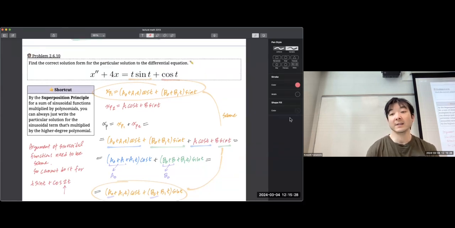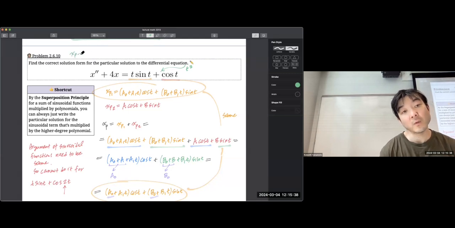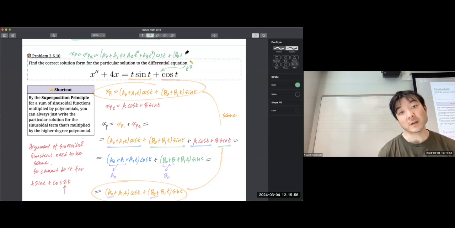Now, had you had, hypothetically, that this cosine term had a t cubed in front of it, then your particular solution, using this shortcut, would be just the second particular solution. And that second particular solution will be (a0 plus a1 t plus a2 t squared plus a3 t cubed) cosine of t plus (b0 plus b1 t plus b2 t squared plus b3 t cubed) sine of t.